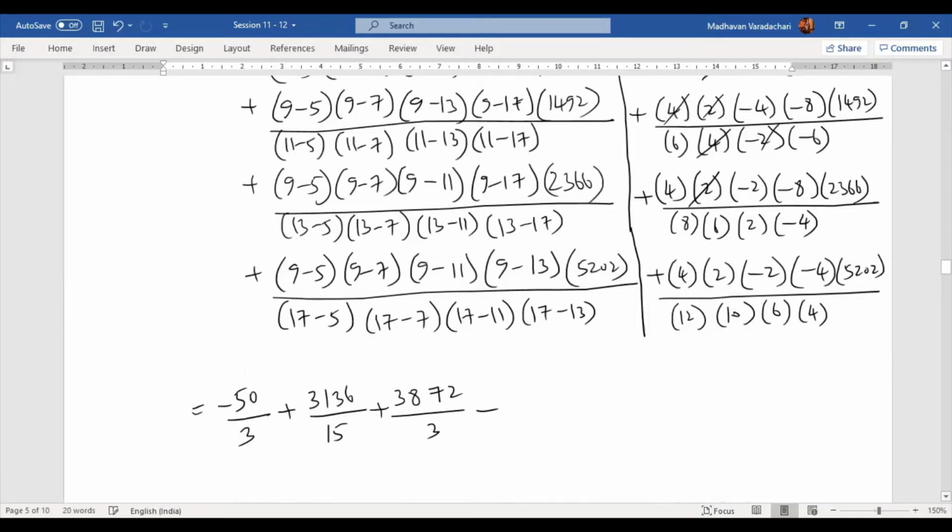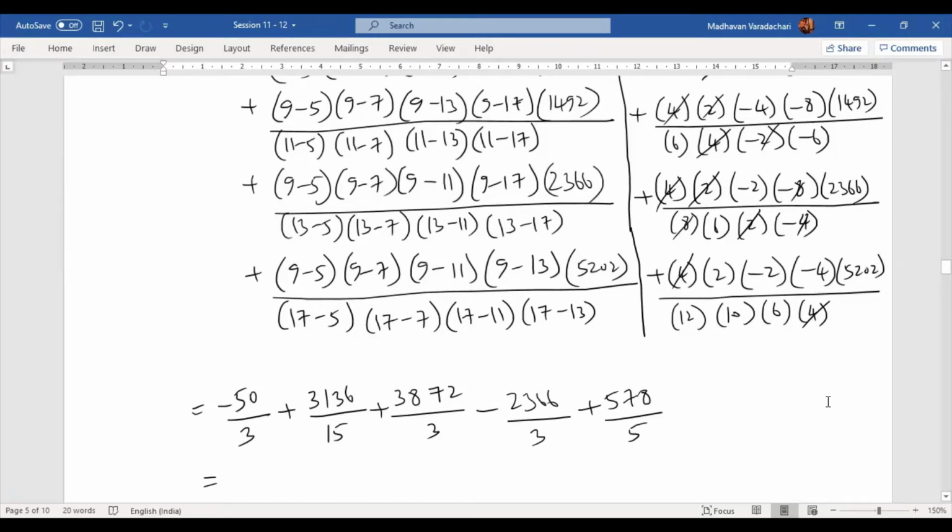We can cancel this and this, this and this, this and this. If we evaluate that, we get negative 2366 by 3. Here, minus into minus becomes plus, so it becomes positive. If we simplify this, we get 578 by 5.